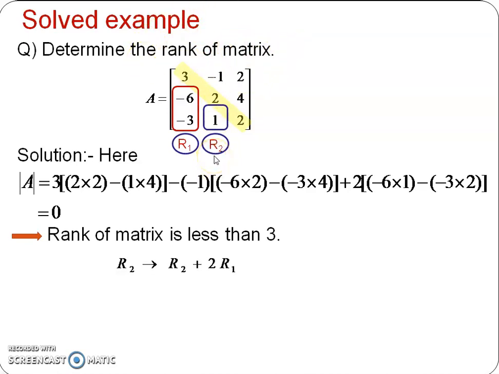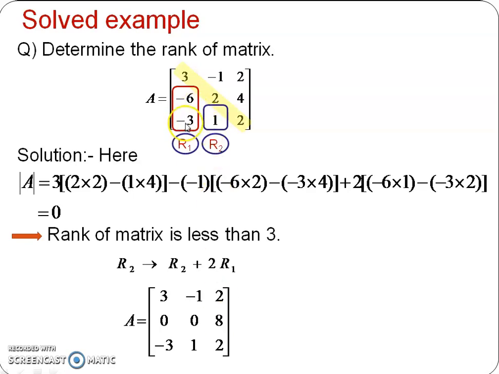Now, for converting this -6 to 0, we perform the operation on row R2, which is R2 changes to R2 plus 2R1. In that case, the entries of row 1 and row 3 will remain as they are, and in row 2 we get the entries 0, 0 and 8.